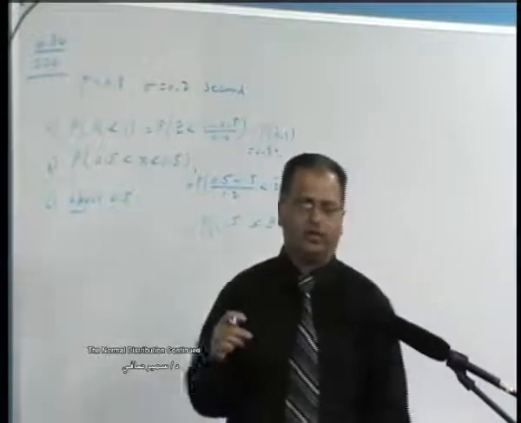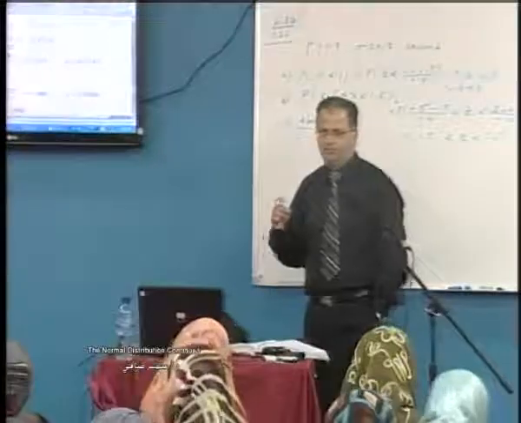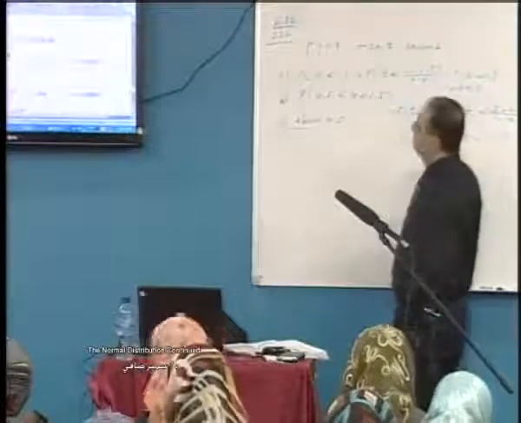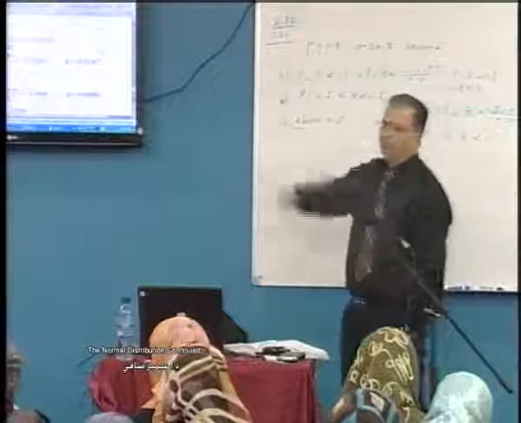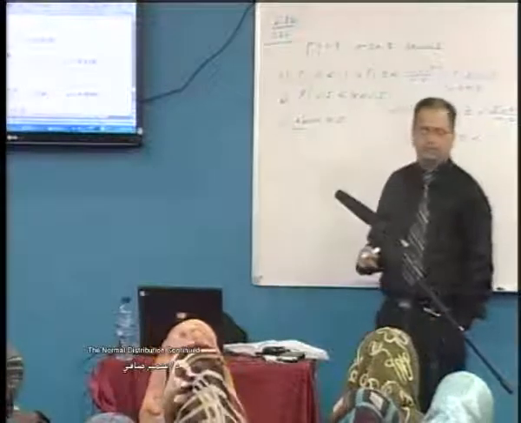So we are looking for the probability of z between minus 1.5 and 3.5.